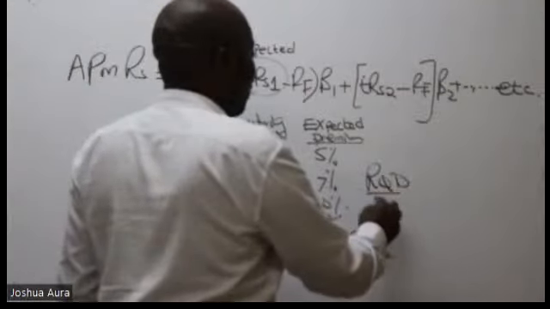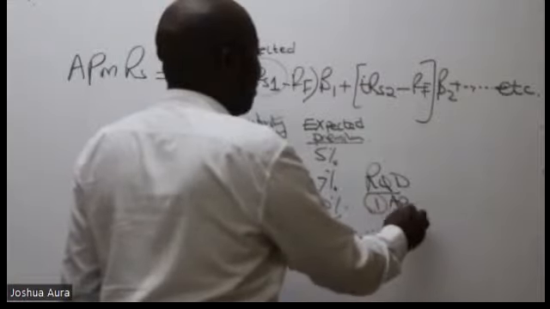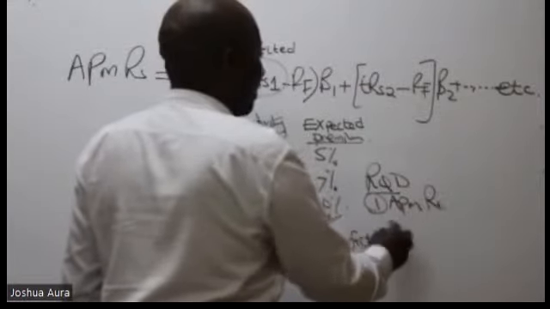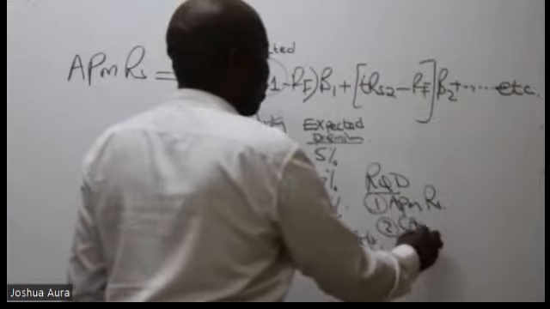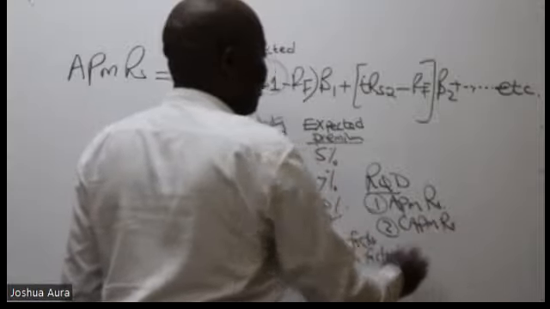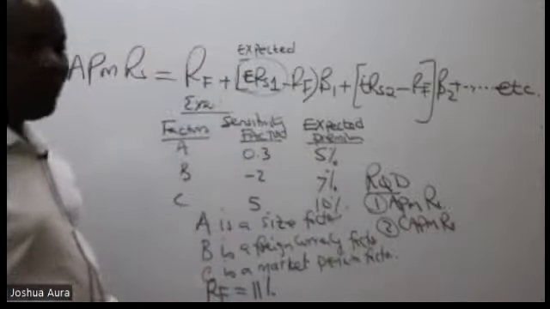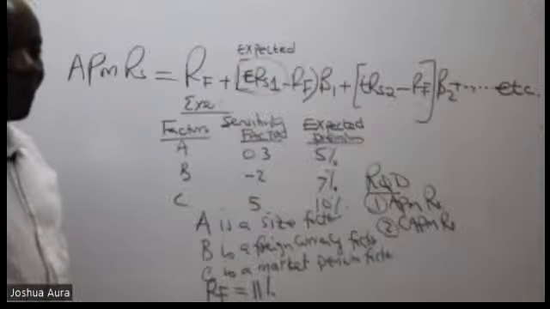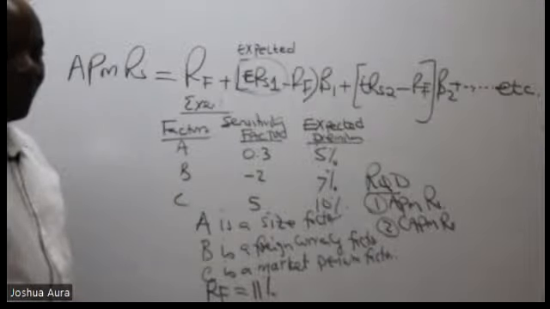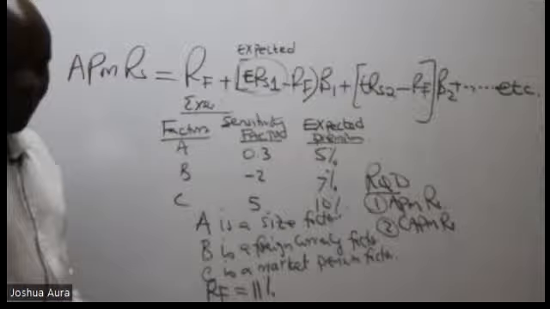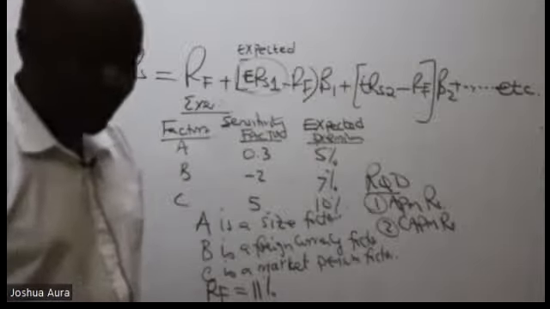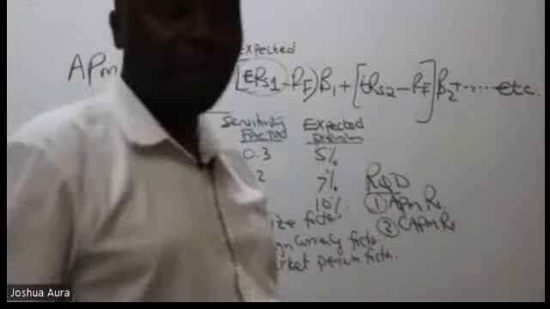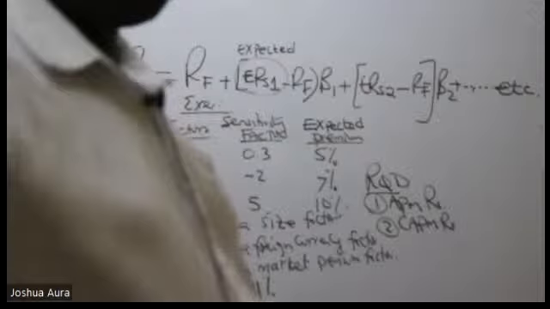Number 1, we get the APM returns. And then number 2, we get the CAPM returns.